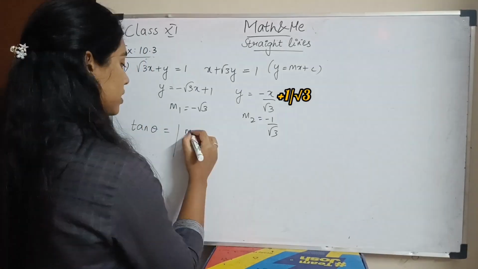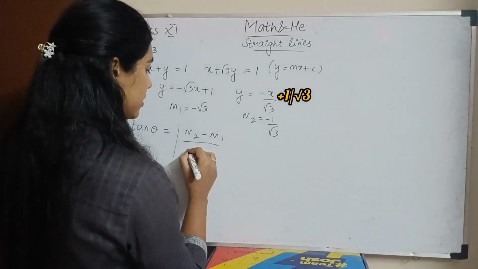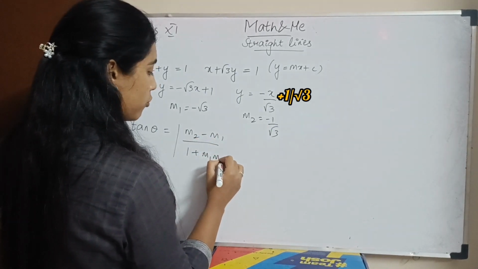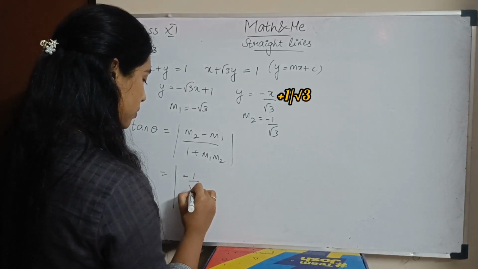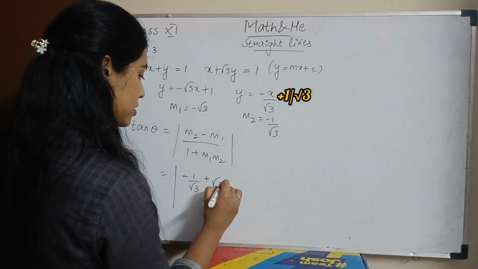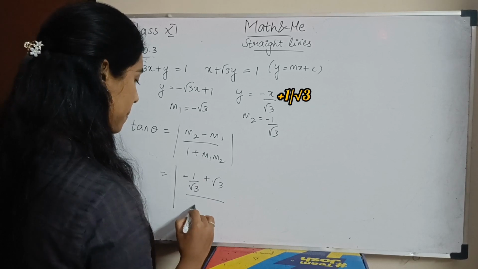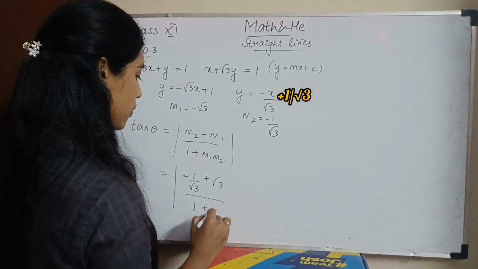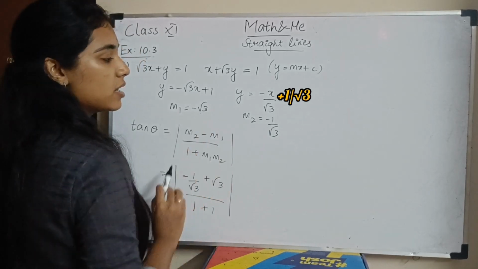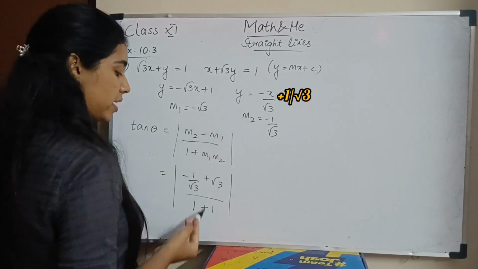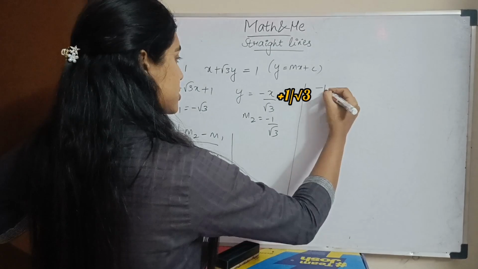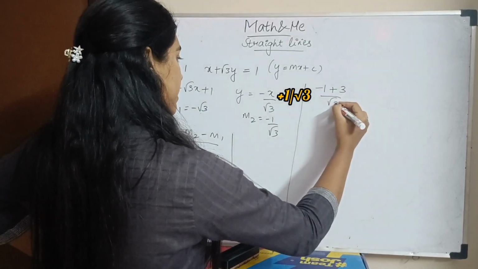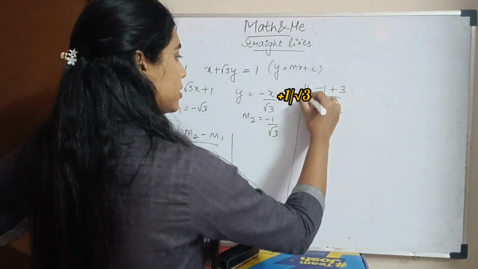Tan theta equals m2 minus m1 divided by 1 plus m1 m2. Right? What is your m2? Minus 1 by root 3 plus root 3 divided by 1 plus 1, right? Root 3 times 1 by root 3 is 1, minus into minus plus, and you already have a plus here. So what do I get? I get minus 1 plus 3 divided by root 3 whole divided by 2.